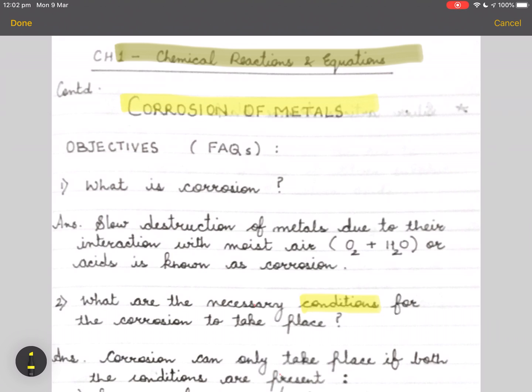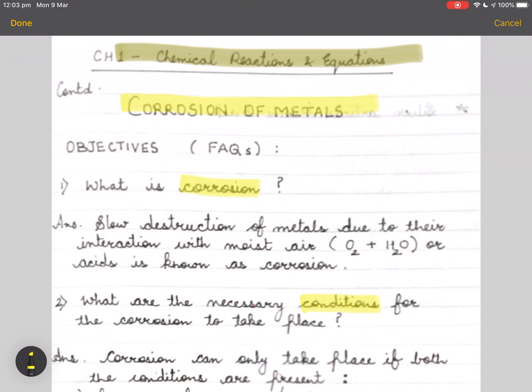So, what are all these observations? Yes, very true. All these observations are just because of one process happening in nature, and that's what we're going to talk about: corrosion. So we can define corrosion in simple words as a slow destruction of metals when they interact with the environment.